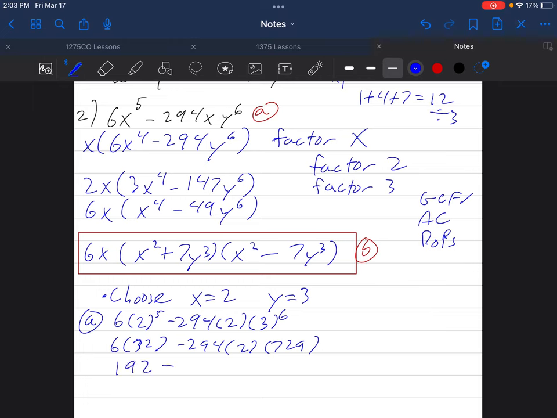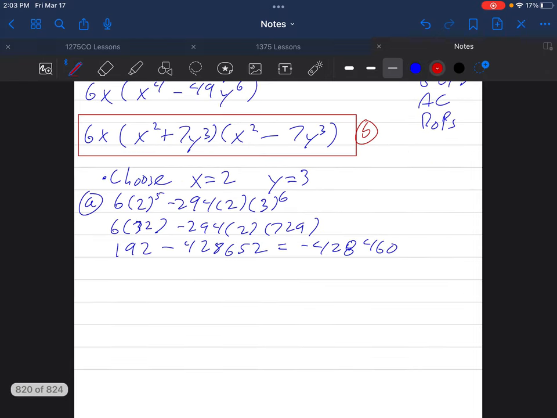Let's multiply this out, 192 minus 428,652. And we'll subtract this to get negative 424. Nope, sorry, wrote that wrong. Negative 428,460. Again, from expression A.